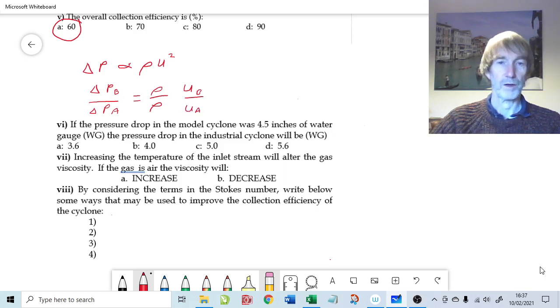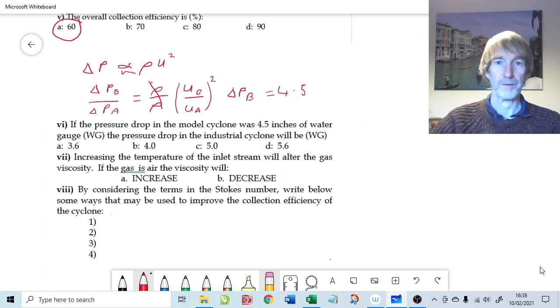We can square the whole lot or do it inside one bracket. So let's do it inside one bracket. Okay, so clearly our constant, because this was a proportionality, cancels out because it's on top and bottom, as will the density cancel out. So the pressure drop for our industrial cyclone, delta PB, is going to be equal to 4.5 inches of water gauge.